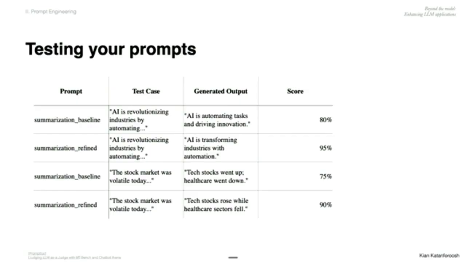You might have a refined summarization, which is a modified prompt of this, or a workflow with a chain, and then you have your test case, which is the inputs that you want to summarize, let's say, and then you have the generated outputs, and you can have humans go and rate these outputs, and you would notice whether the baseline is better or worse than the refined prompt.